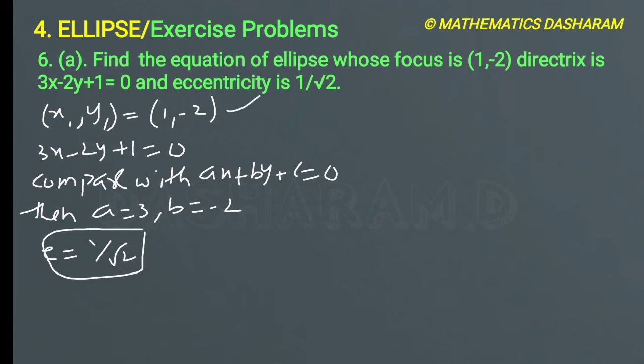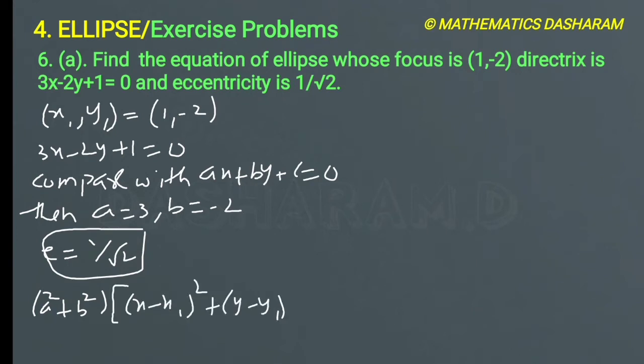So when the focus, one fixed line that means directrix, and eccentricity are given, then the equation of an ellipse is (a square plus b square) bracket of (x minus x1) whole square plus (y minus y1) whole square equals e square into (ax plus by plus c) whole square.